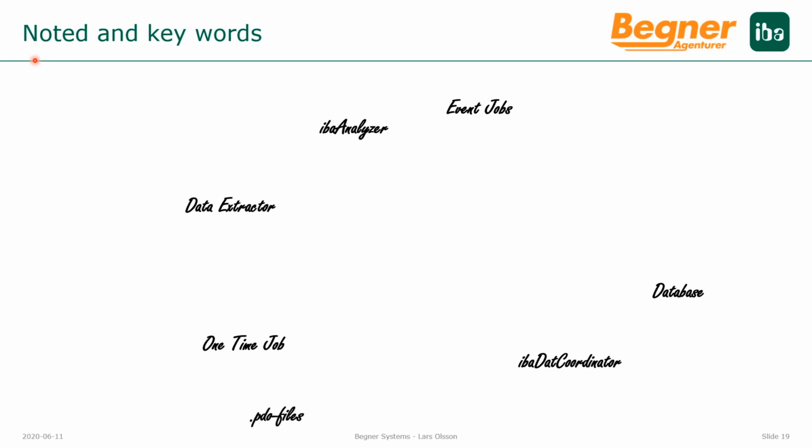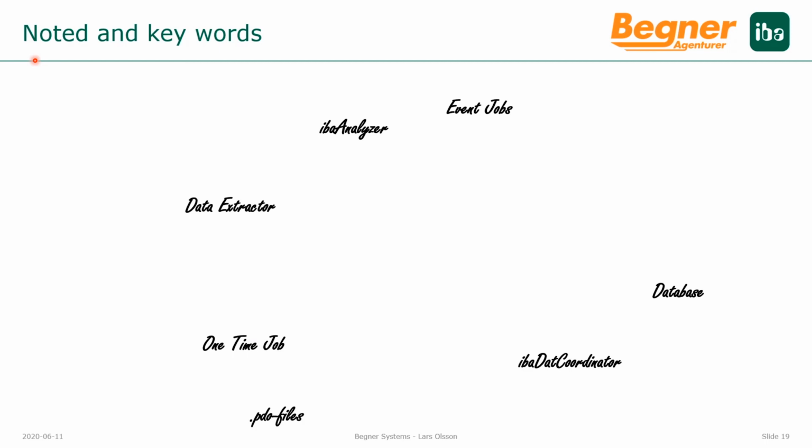We used PDO files. What is that? Those are analyzer analysis files, called PDO files. We used the ibaHD-Server and we used the dat-files during the two cases of today.